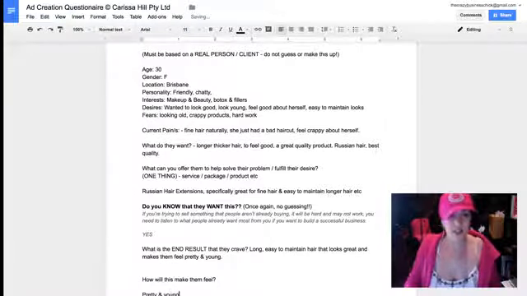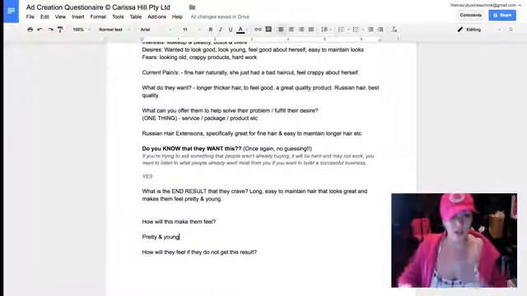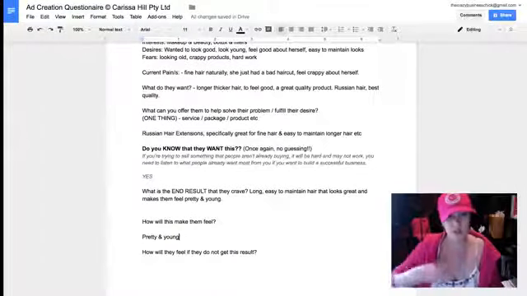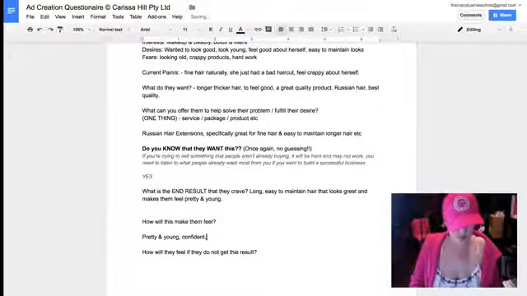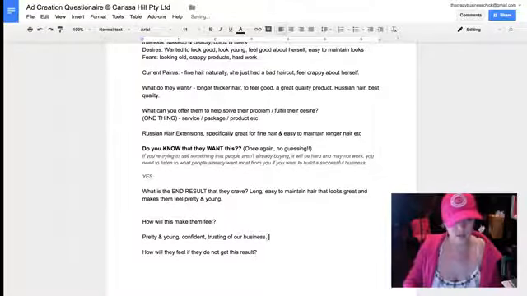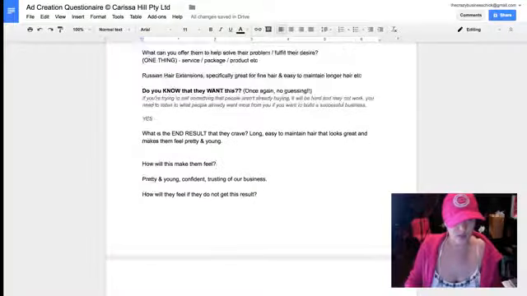You can spend a lot of time on this if you want to, or you can go through it quickly and then go back over it. Pretty and young, confident. She'll feel trusting of our business if we get her the result she wants. That's something that I want her to feel, but she wants to feel pretty and young.